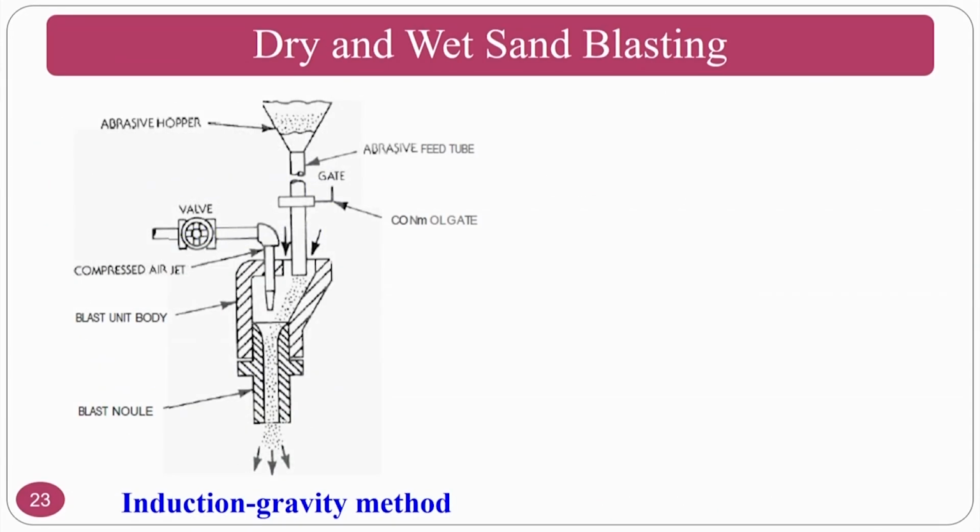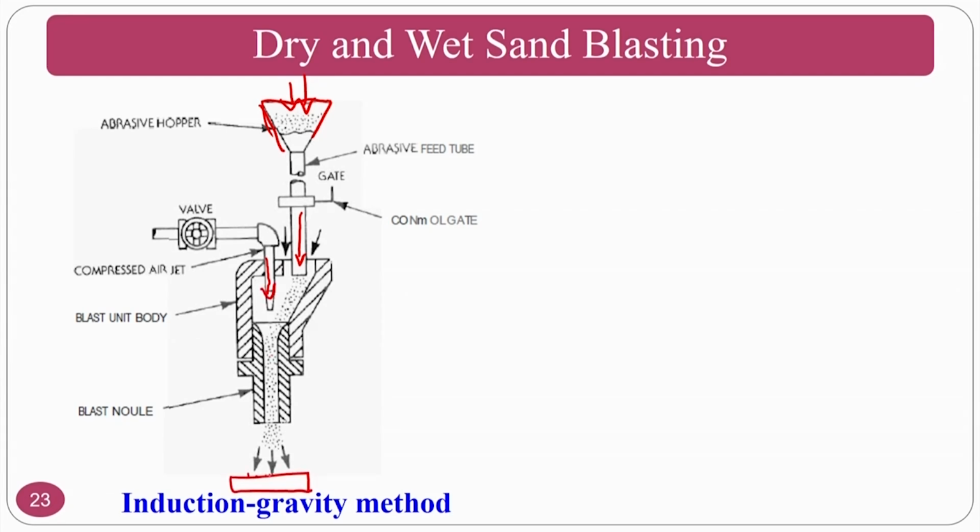The other one is the induction gravity method, wherein you have the abrasive hopper where you place the abrasive particles and it will come through this one. At the same time you have a compressed air jet which is coming from here. Both will mix and come out and your object will be here.